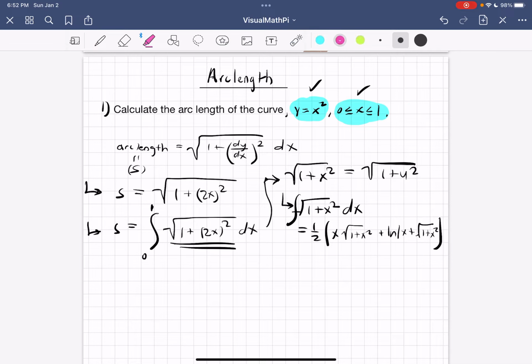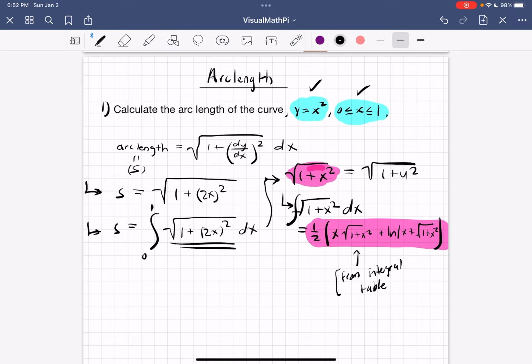So we want it in this form right here, because we know that the integral of that is equal to this right here. And I obtained this large, weird-looking expression from an integral table.